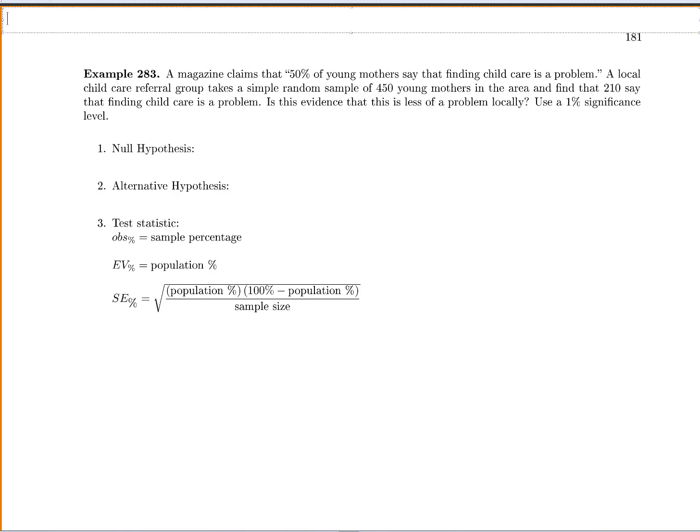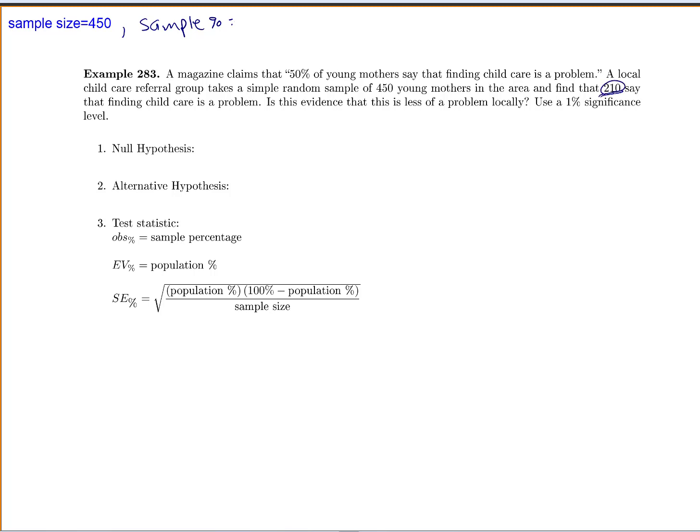Okay, so let's look at this. Let's find a few things. We want to find our sample size, which is 450. And we need to find our sample percentage. Sometimes it will be given to you, sometimes you have to calculate it.